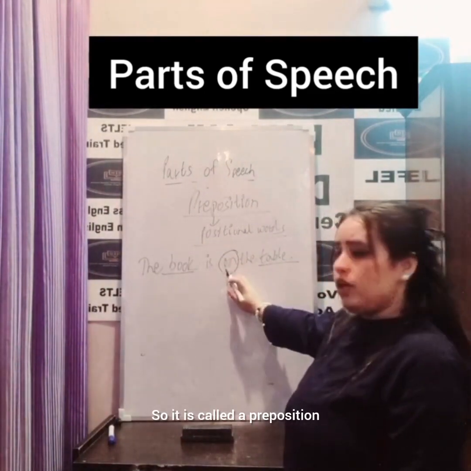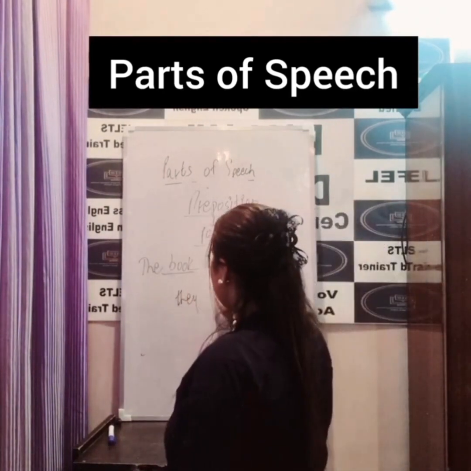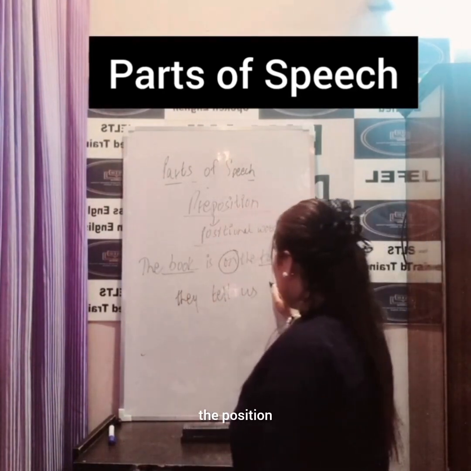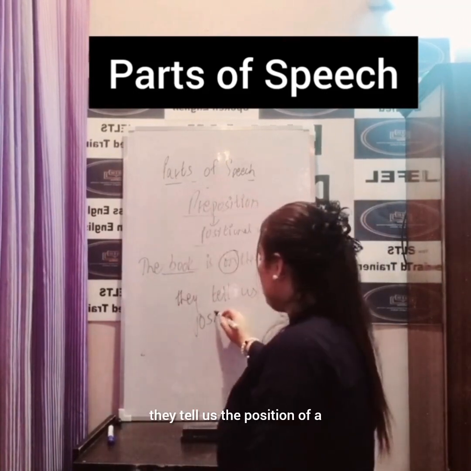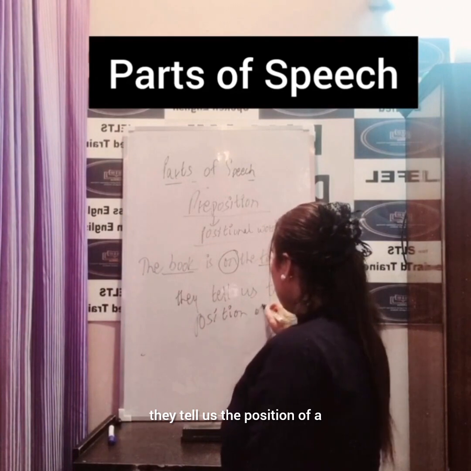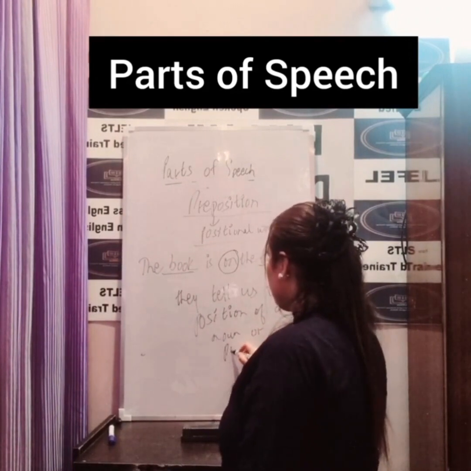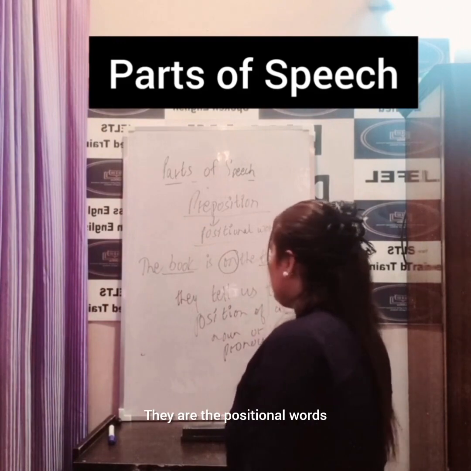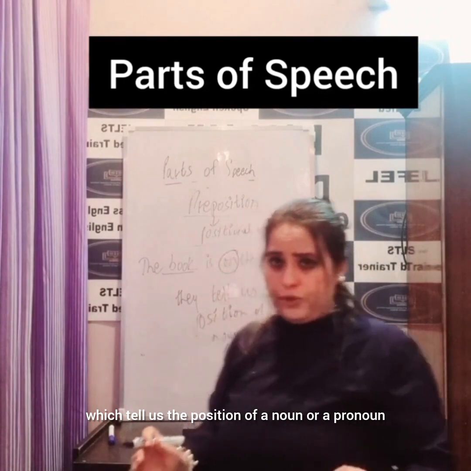So it is called a preposition. So what are prepositions? They tell us the position of a noun or pronoun. They are the positional words which tell us the position of a noun or a pronoun.